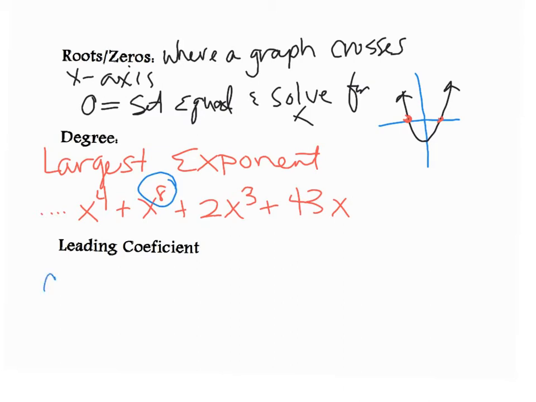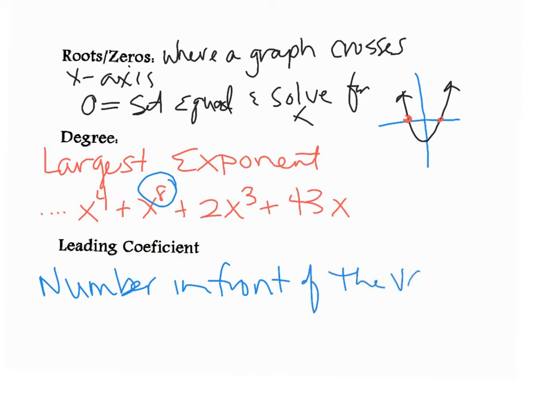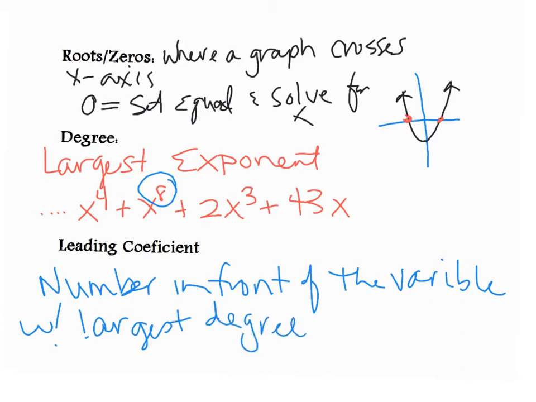The leading coefficient is the number in front of the variable, like x, with the largest degree. So if I was going to point it out here, it would be the number 1 that's right there.